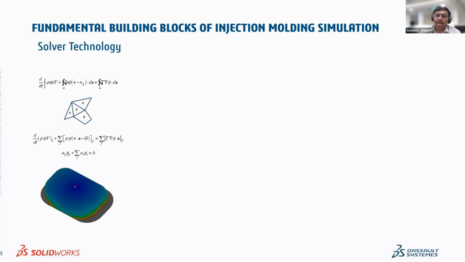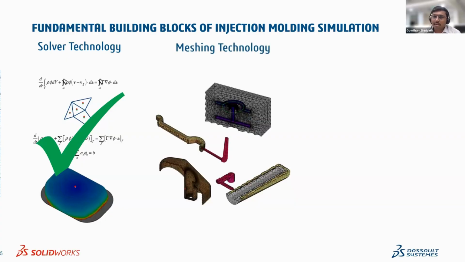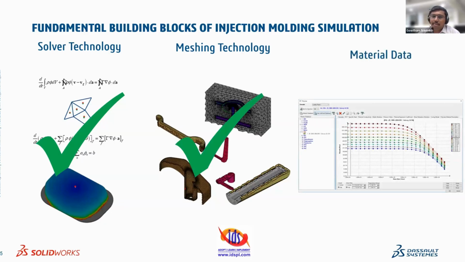So basically, for any validation people, what are the building blocks they have? Fundamental building blocks that they need to rely on: the solver technology, where we have a world-leading solver technology with the Sodos platform. The second aspect is the meshing technique, which converts the CAD model into a mathematical model, capturing the exact 3D volume, which you can rely on much because we have all the meshing techniques with us, which are more robust and build the data very lightweight for solving.